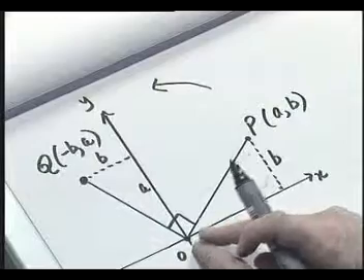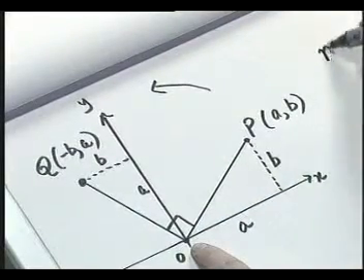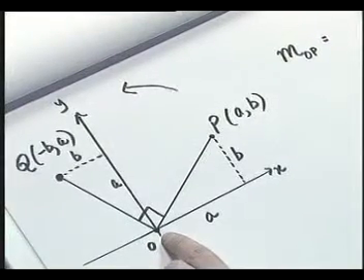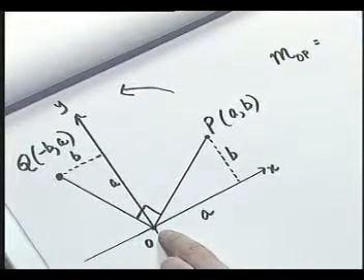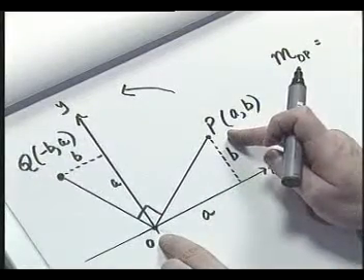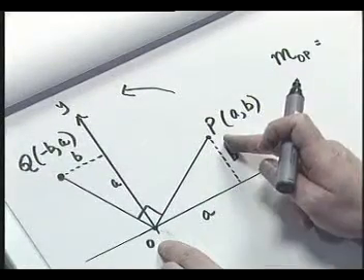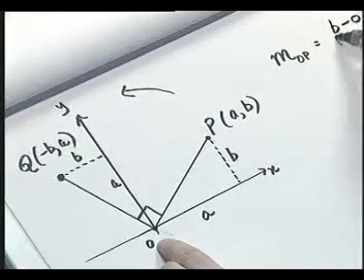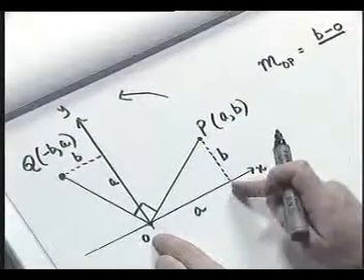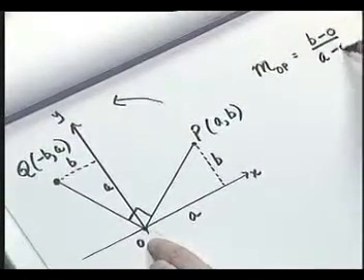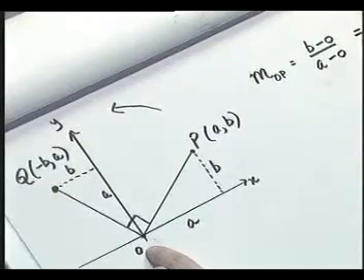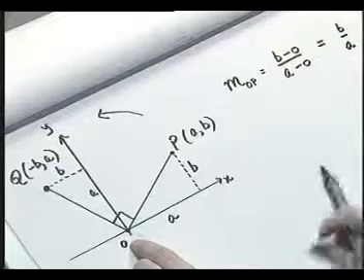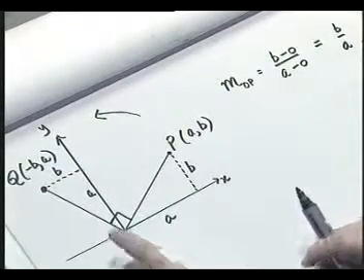Let's now calculate the gradient of the line OP. Let's call that MOP. Now MOP, remember, is the change in y divided by change in x as we move from O to P. As we move from O to P, the change in y is B minus 0. The change in x is A minus 0. So the gradient of OP is just B over A. What about the gradient of OQ?